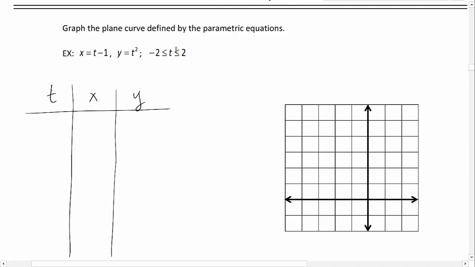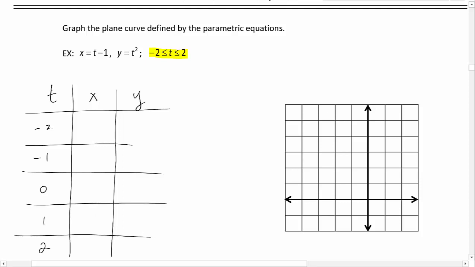We were given that t is in between negative 2 and positive 2, so when we choose our t values, they need to fall in that interval. Since they're giving us an abrupt starting and an abrupt stopping point for t, we want to make sure that we use negative 2 and positive 2 as two of our t values. I'm going to choose negative 2, negative 1, 0, 1, and 2.